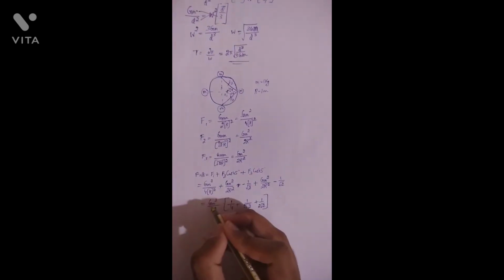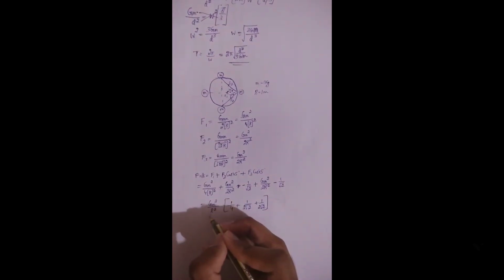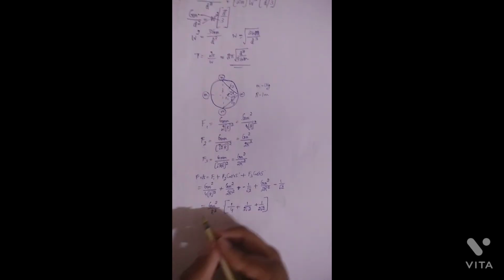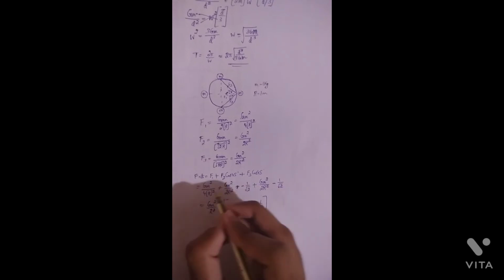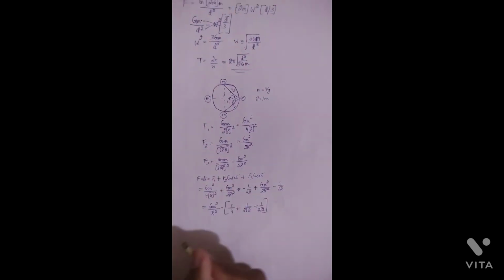Okay, GM square by R square, they will be common in every formula here.